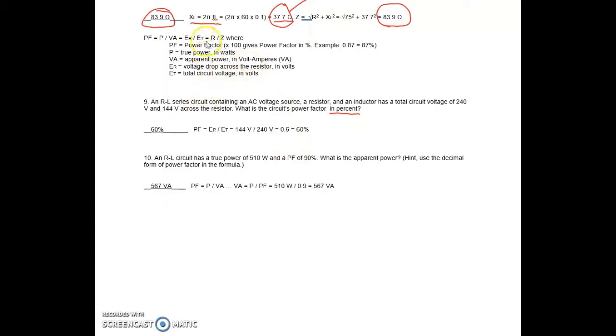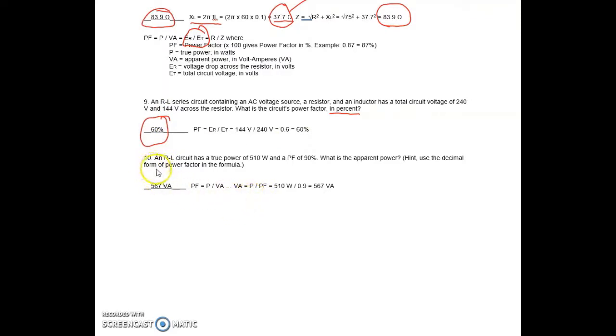So we get to choose which of these formulas to use, and because we're given total voltage and voltage across the resistor, we're going to use this version of the formula. So power factor equals voltage across the resistor divided by total voltage equals 144 volts divided by 240 volts equals 0.6. In percent, that is 60%.